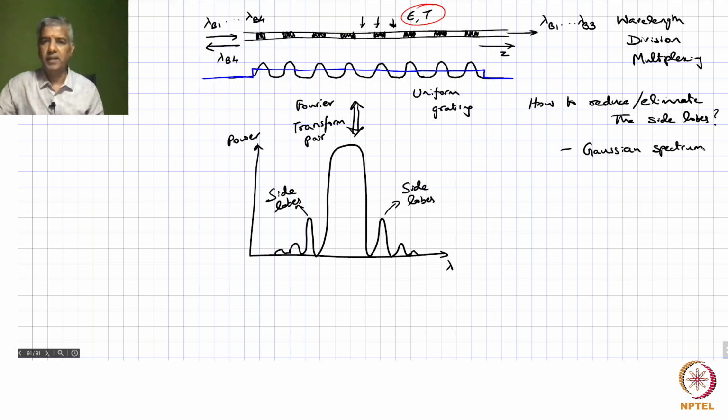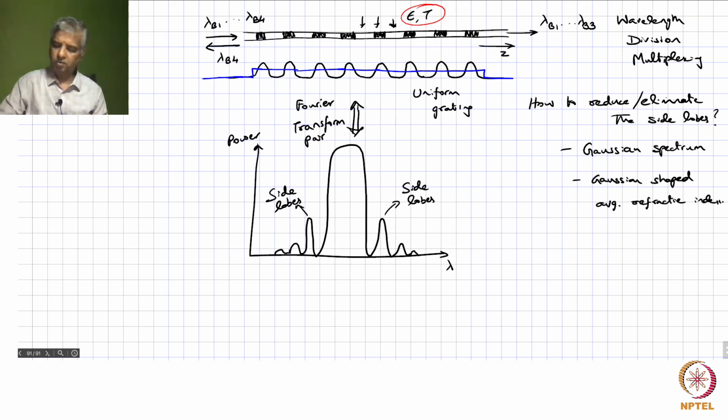more importantly, when you take the inverse Fourier transform of a Gaussian spectrum, that will correspond to a Gaussian shaped average refractive index.